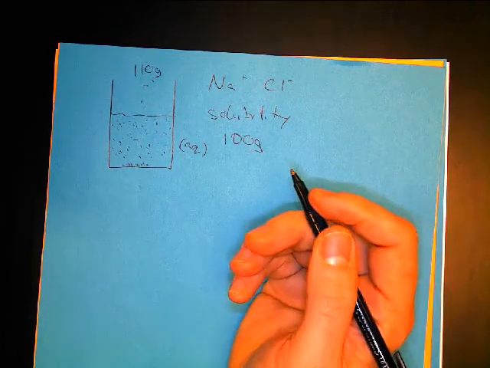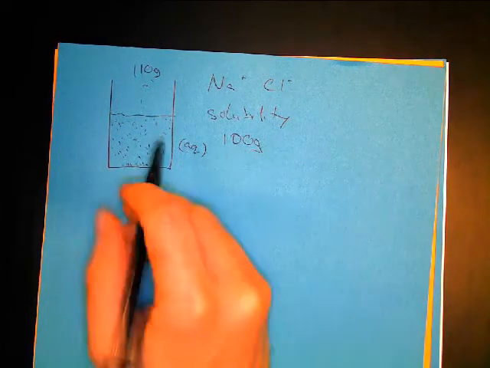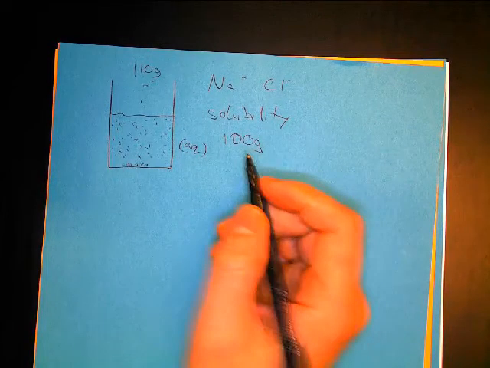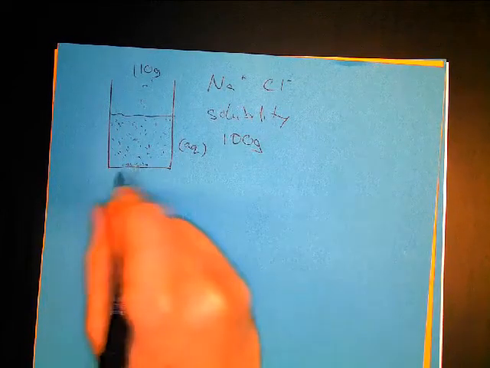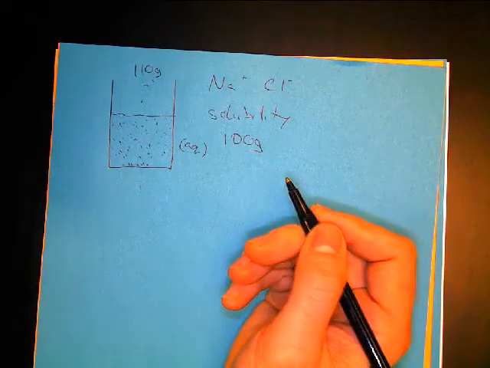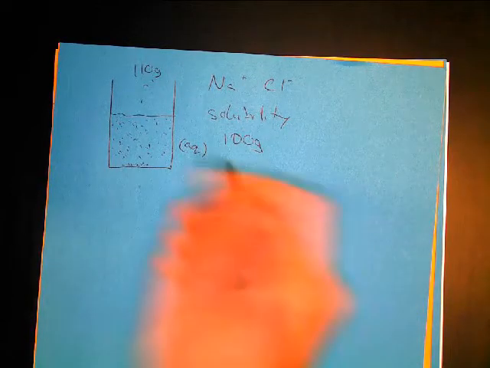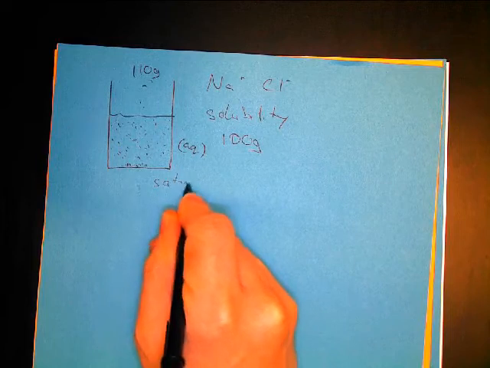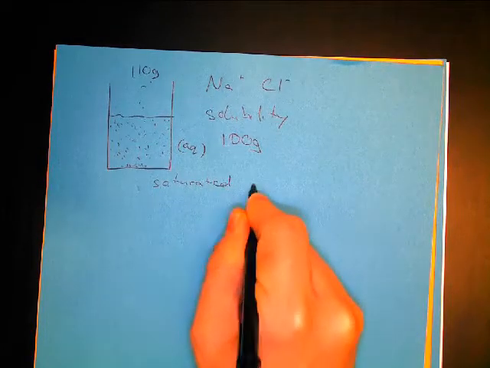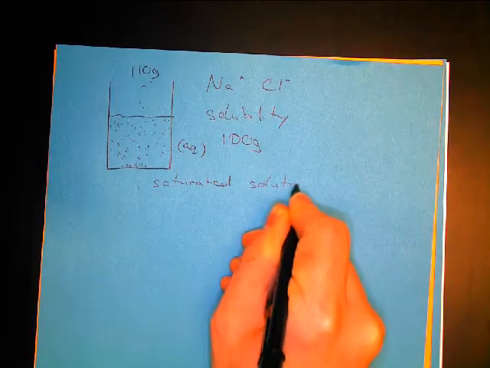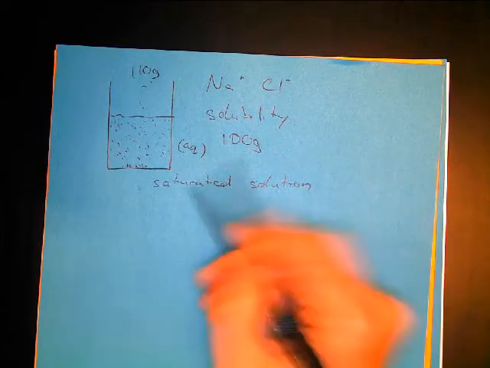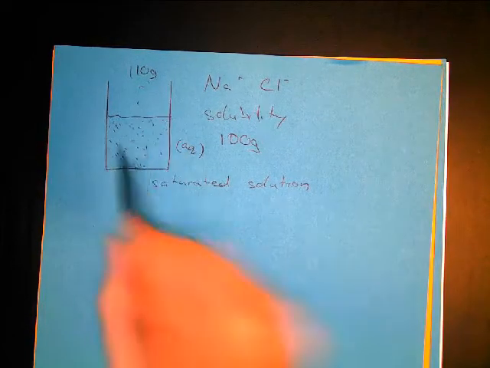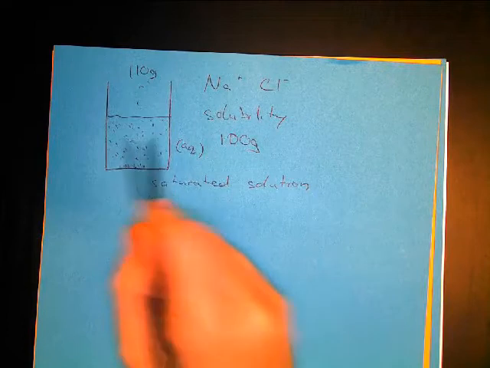So what I've got in this sense is I've reached the maximum capacity plus some extra, and the extra would appear down here on the bottom of the container. This situation is referred to as a saturated solution. Saturated, it couldn't possibly get any more solute particles dissolved in there.